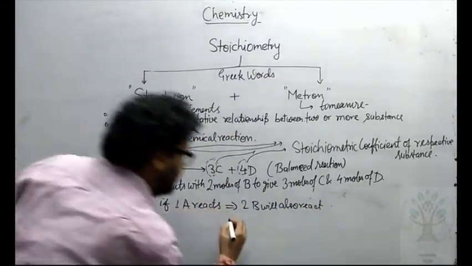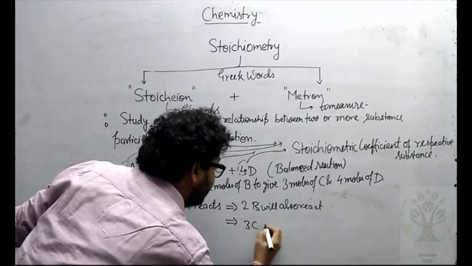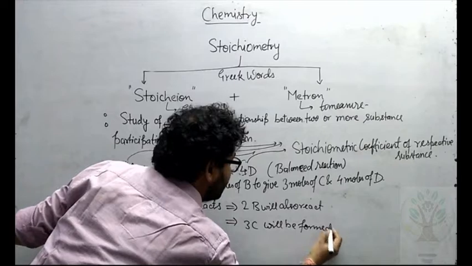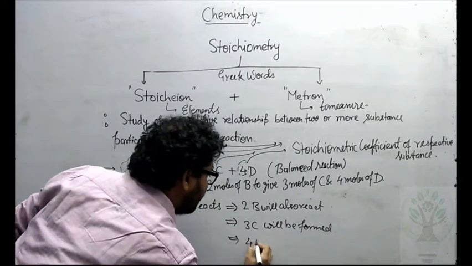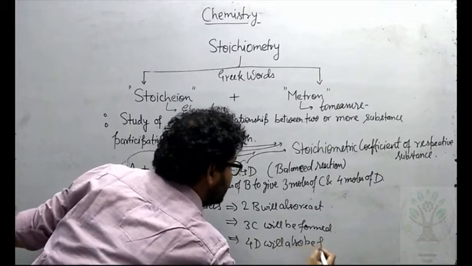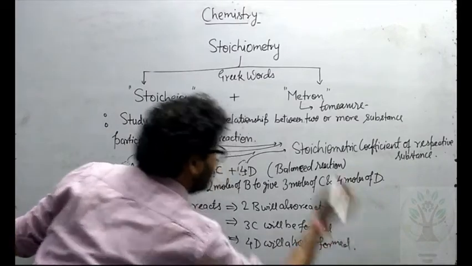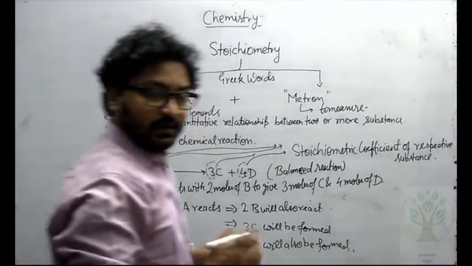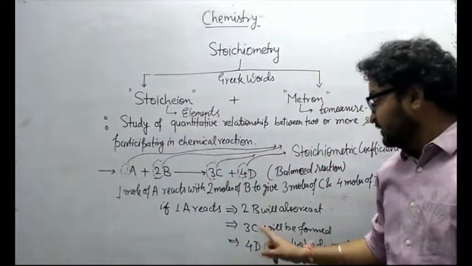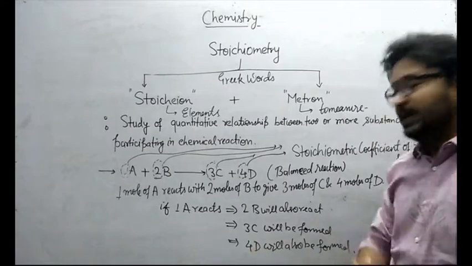And what else will happen? 3C will form, and 4D will also be formed. Are you getting this? Whenever 1A reacts, 2B will also react, 3C will be formed and 4D will also be formed.